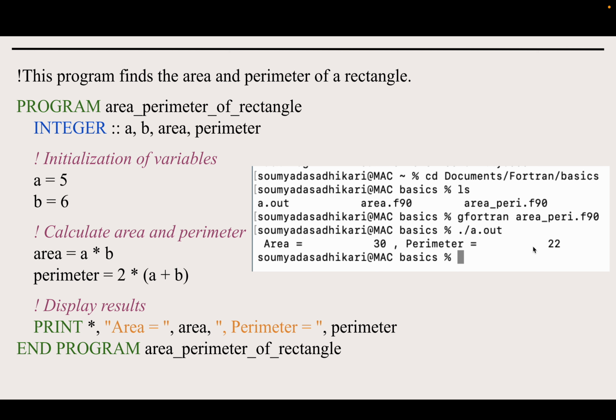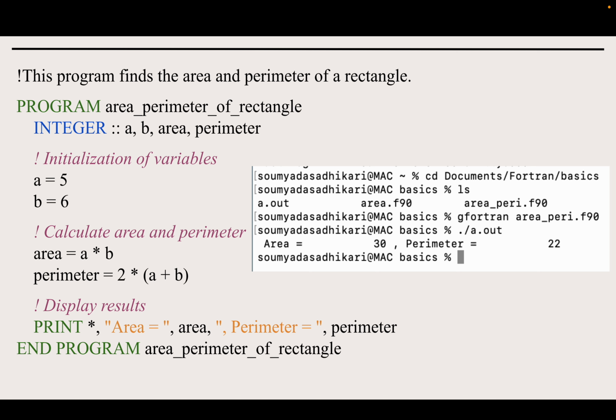But one thing we have to note is that if we want to find the area and perimeter of a rectangle for any other numbers than these given A and B values, we have to come back and edit this code again and again, which is not very good to do every time.